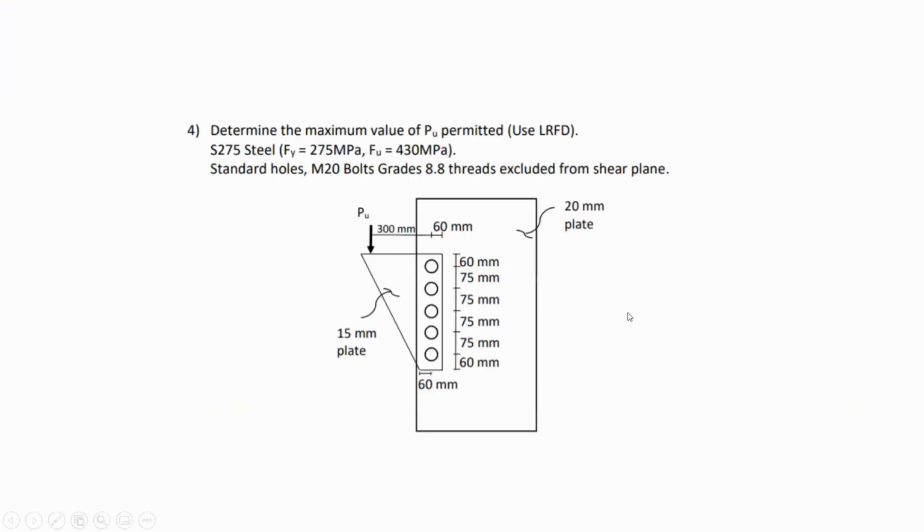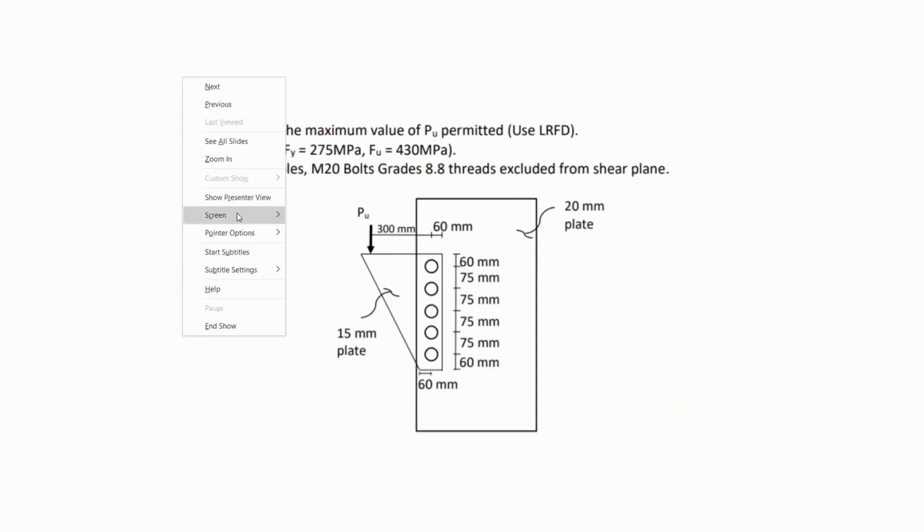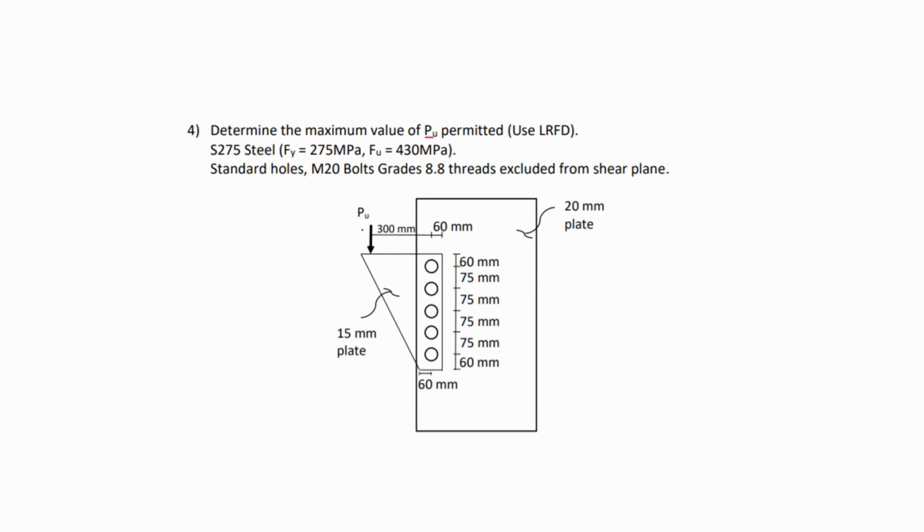So now continuing with problem number 4, we have to determine the maximum value of PU permitted. We have to use LRFD. So the maximum PU that's shown here is shown here as well.